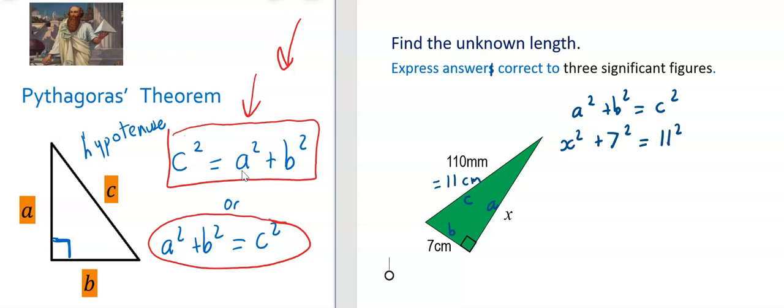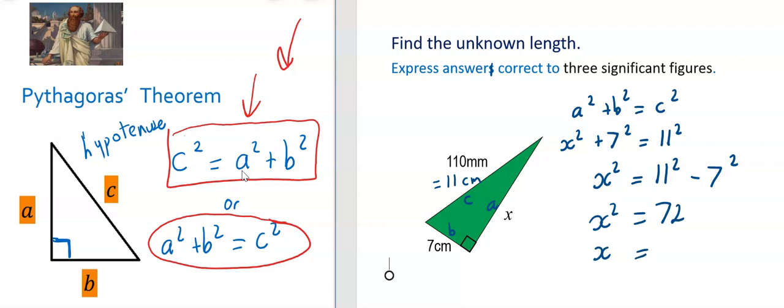Now, we want to have x by itself on the left-hand side. So this plus 7 squared, let's move it to the other side. Let's go x squared is equal to 11 squared minus... How does plus 7 squared go to the other side of the equal sign? Well, it was plus before, it becomes minus now. So x squared is equal to 11 squared minus 7 squared. If you type that into your calculator, we get 72.